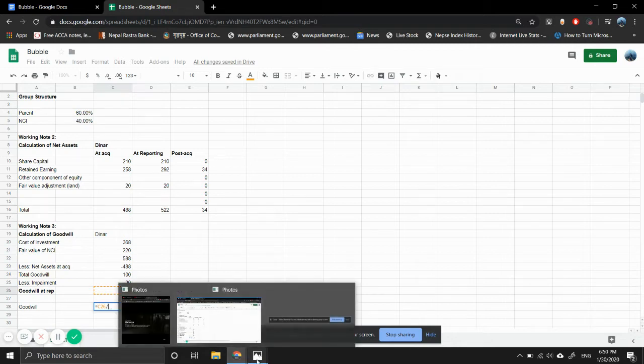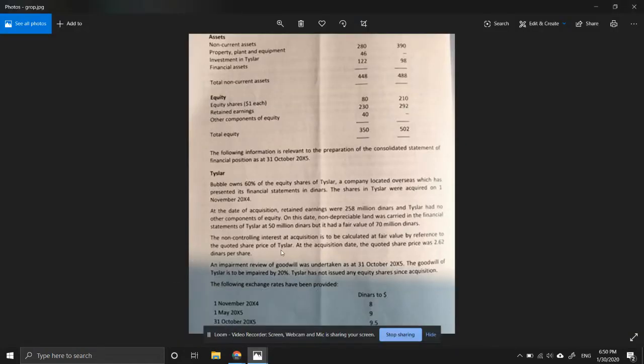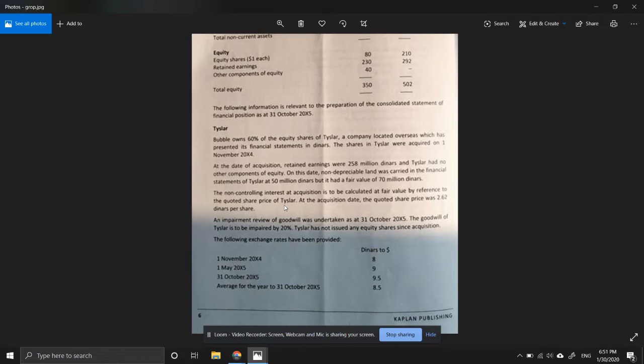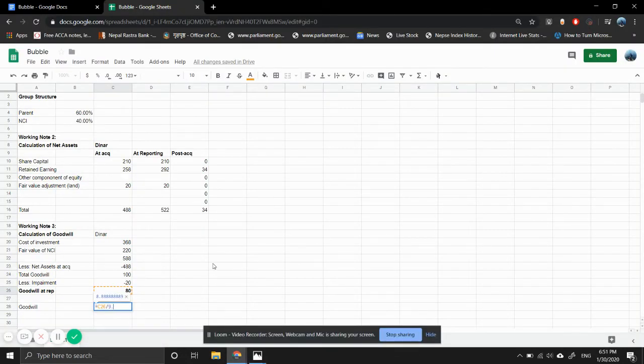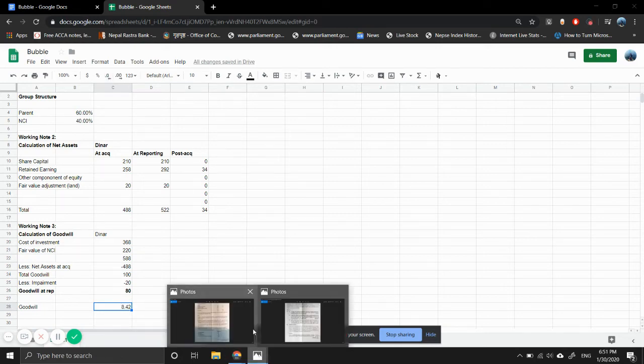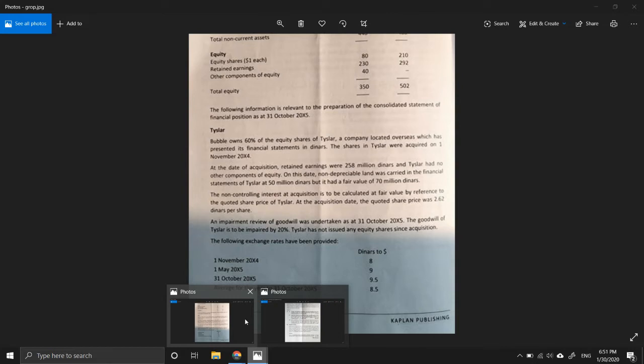divide by how much is the rate at 31st October. 9.5. 9.5, right? 9.5, yep.